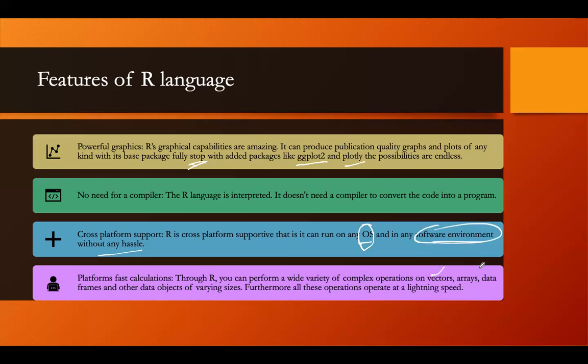These are the data structures: vector, array, data frames, and other data objects of varying size. Furthermore, all these operations operate at lightning speed. So very quickly we can get the results or the calculations from R.